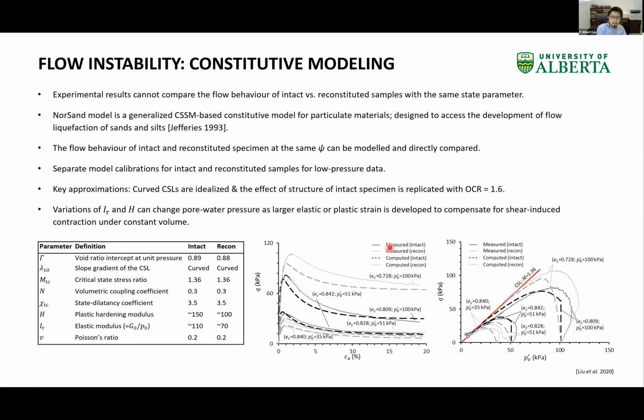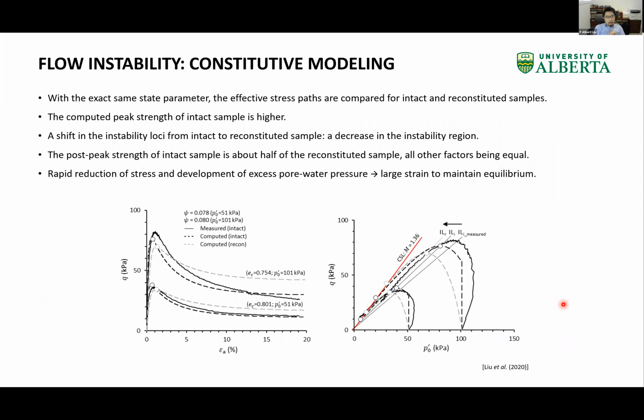But bear in mind, the NorSand model is a constitutive model for particulate material, so it doesn't really consider the cementation. So we have to manually introduce an OCR of 1.6 to reflect this cementation or structure for the intact loess. After the calibration, we can now compare more directly the mechanical behavior of intact and reconstituted loess at the same state parameter.